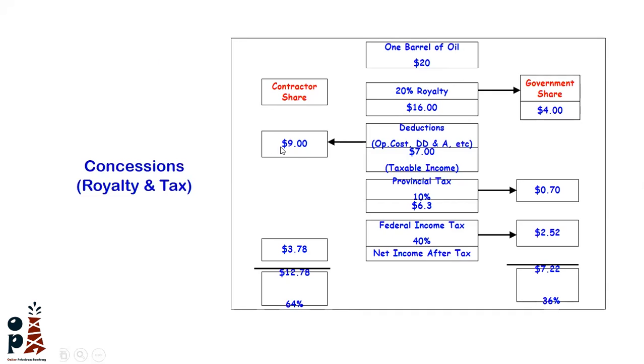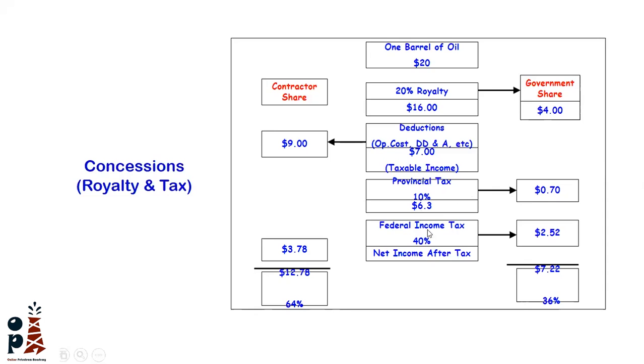So the contractor pays $9 as a cost and recovers them again. So this $9 is for the contractor. So we have now $7. The government takes 10% as a provisional tax, which means $0.7 to the government. And the remaining will be $6.3.